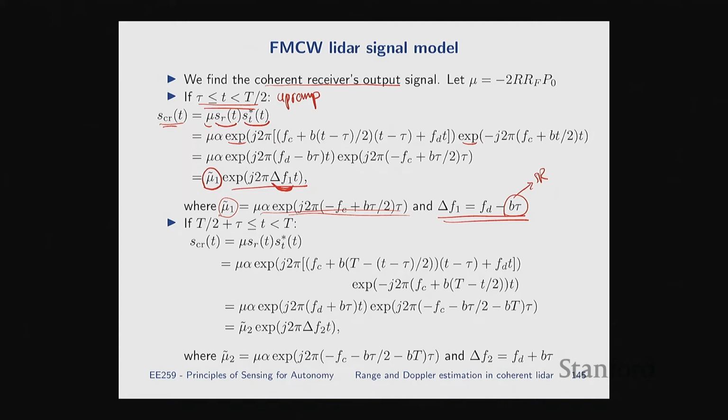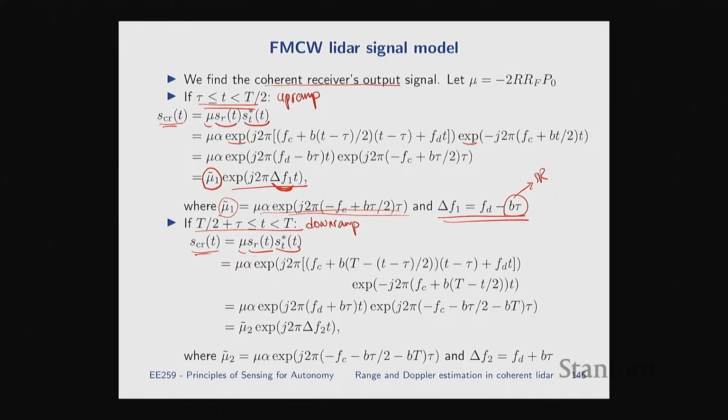Now, if you look at the second half, basically the down ramp part of the transmitted and received chirp, that's where t is between t over 2 plus tau and t. And you do the same thing. Again, the signal you're getting out of the coherent receiver is a constant times the received signal times the complex conjugate of the transmitted waveform.